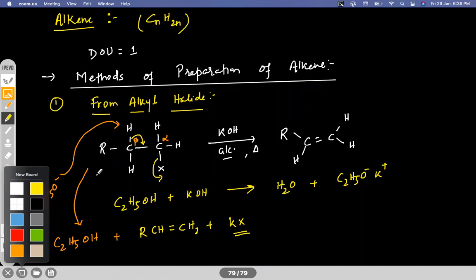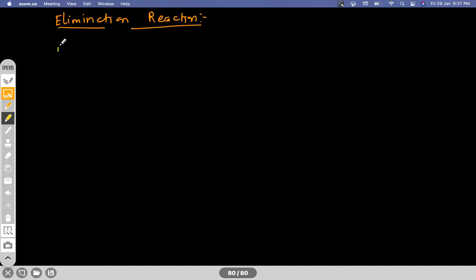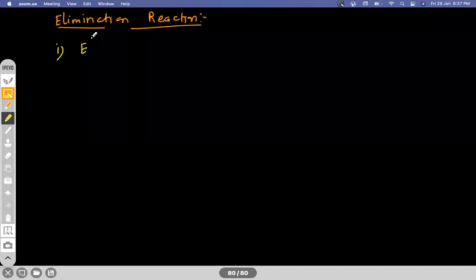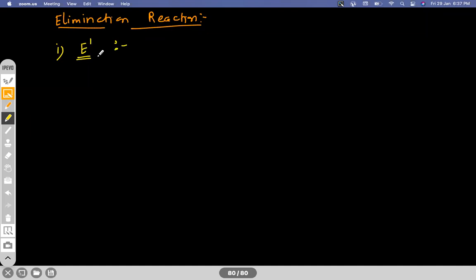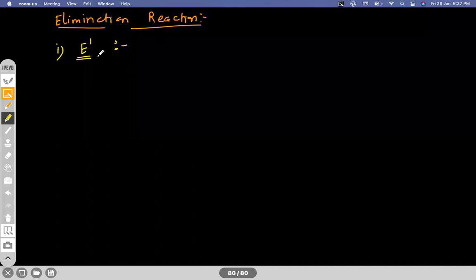So for elimination reaction, two different types we are going to discuss here. First we have E1, and second we have E2. E1 is like SN1, E2 is like SN2, similar to that. What happens in the E1 mechanism?